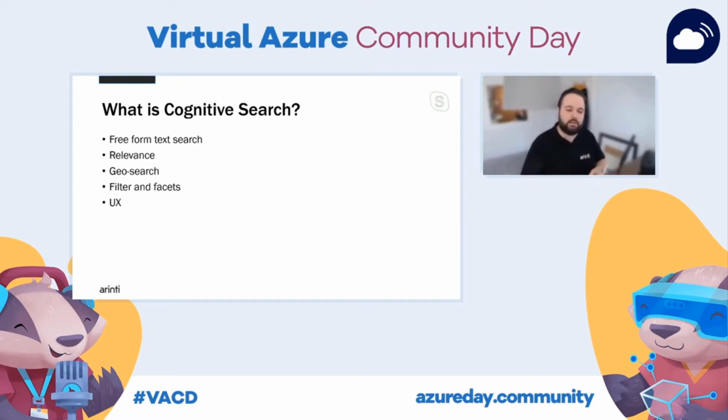Then an interesting part also is the relevance. So when you search for something, you will get some kind of scoring on it, and that will tell you which document or which image will be most related to your search query. Now, another interesting feature is geo search. Let's say, I don't know if booking.com is using it, but let's say on the website of booking.com you're looking for a hotel in the neighborhood of Brussels.